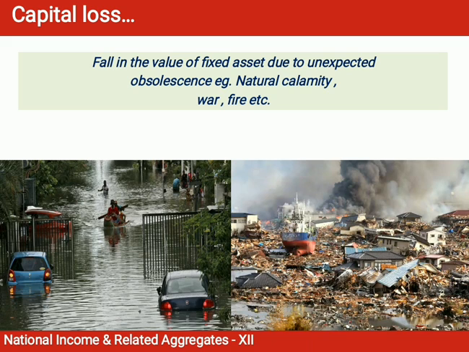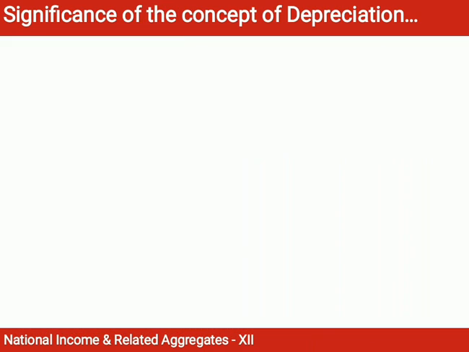But in case of capital loss, no such provision is made as it is an unexpected loss. Depreciation does not hamper the production process, but capital loss hampers the production process and production capacity.